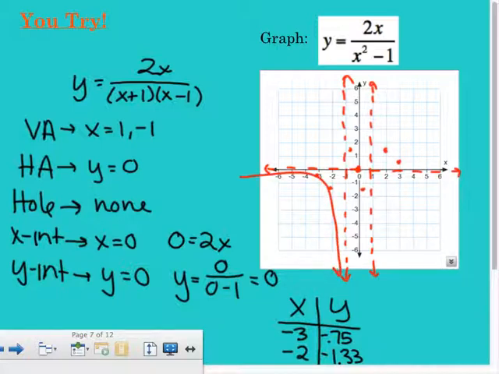So there's your branch in the bottom left. In the middle, you actually have something that kind of looks like a cubic function from last semester. And then you've got a branch in the top right. So there's a case where you can actually cross the horizontal asymptote.